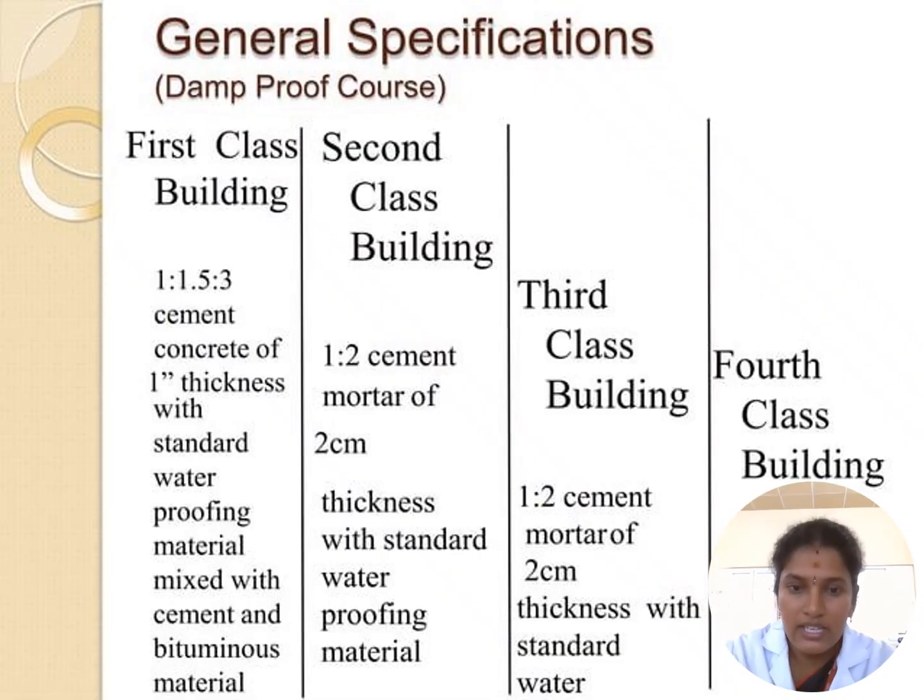For DPC, here we are using cement concrete with a ratio of 1:1.5:3. Here also we are using 1:2 cement mortar, with the thickness varying. Here it is 1 inch thickness, here it is 2 centimeter thickness. So likewise we are changing the material from one class to another class. Likewise it varies from the first class, second class, third class and fourth class, right? So this is for DPC.